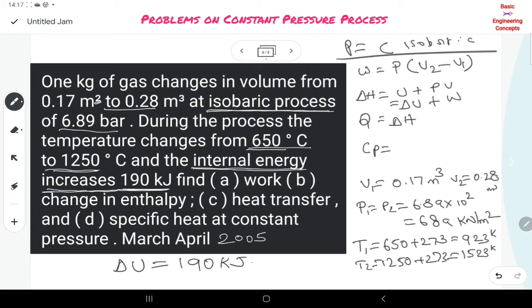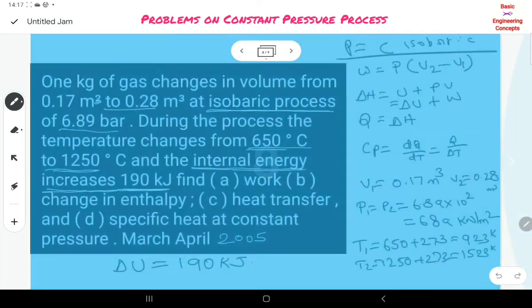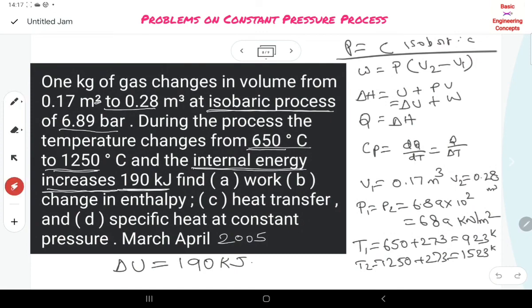Next, Cp. What is the basic definition of Cp? dQ by dT, that is, change in heat transfer Q by change in temperature. Once you want to solve any problem, first of all plan according to the given data and the given information, and at the same time plan with the formulas.